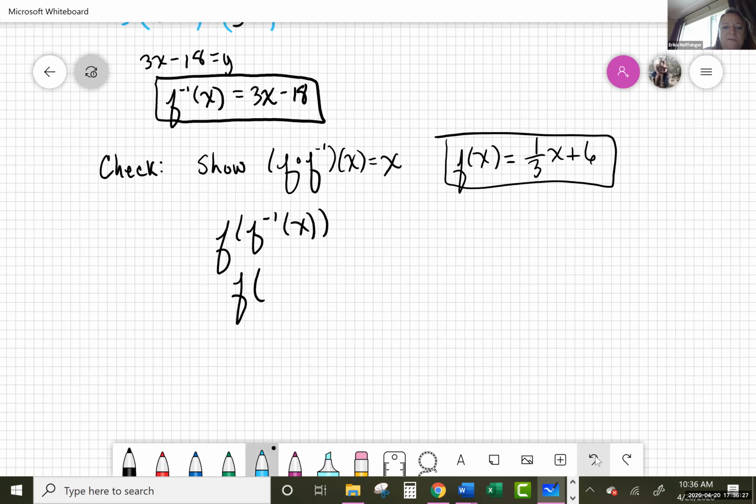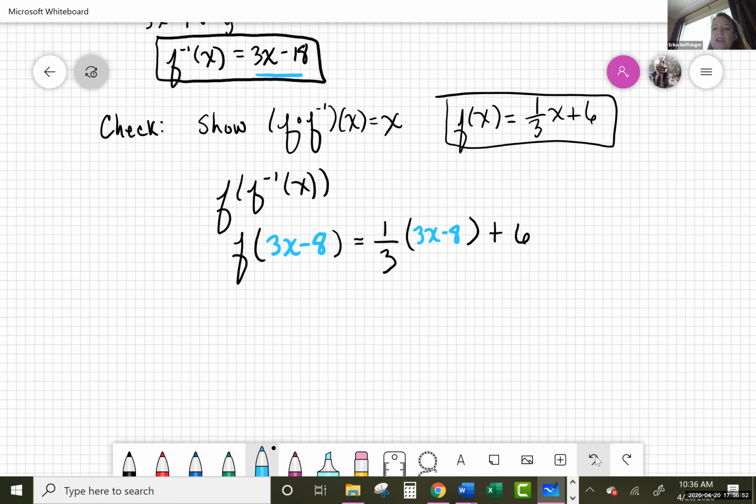Taking my f inverse function, which we just found to be 3x minus 18, and I'm going to plug that in wherever I see an x in f of x. So I have 1/3, we see an x, so let's just put parentheses there, plus 6. So replacing x with 3x minus 18. And then we need to distribute. Something's wrong.